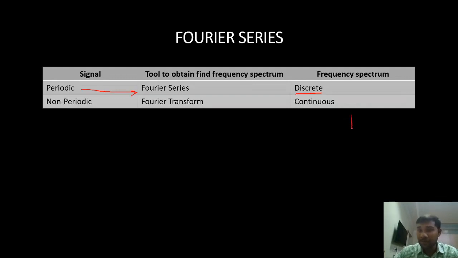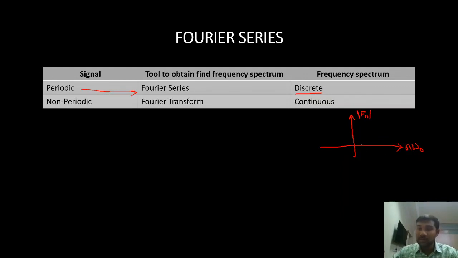That means when you draw the magnitude of your frequency spectrum, given by mod Fn, those are the Fourier coefficients, against n omega naught, against frequency, we are drawing the magnitude of the Fourier series or the magnitude of the signal.